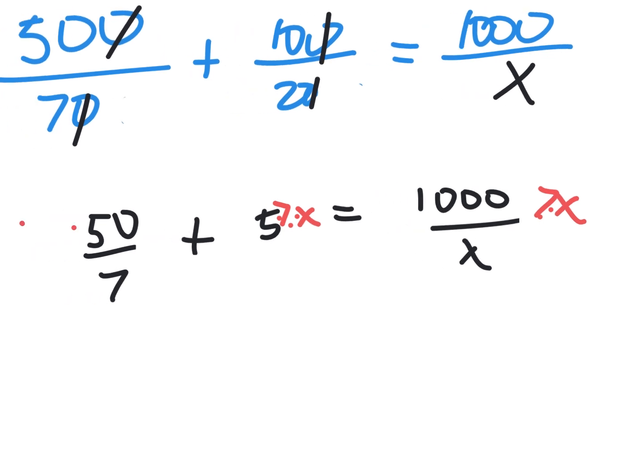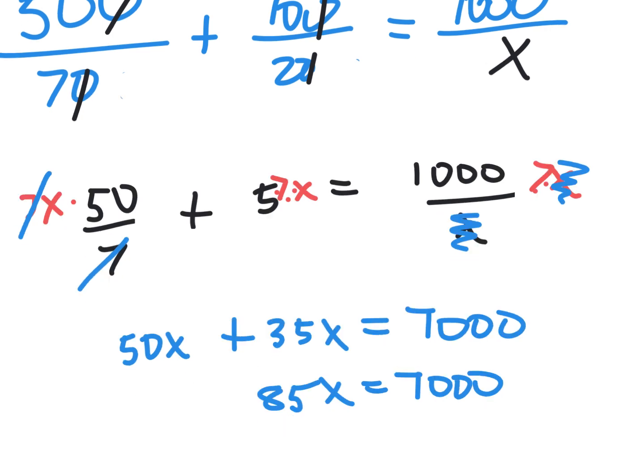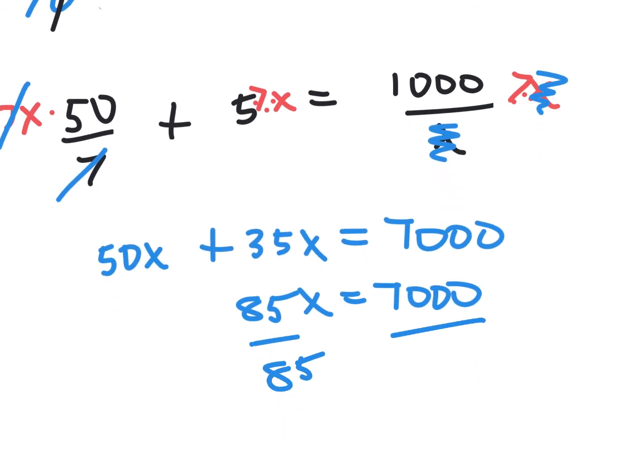Okay, so times 7x, and then the 7's cancel, and the x's cancel, and I get 50x plus 35x equals 1,000, so that's 85x equals 1,000. Oh, wait, what did I do wrong? You didn't multiply by 7. Oh, 7,000. Thank you, not 1,000, 7,000. Okay, and then divided by 85. What is 7,000 divided by 85? 82.4, actually.